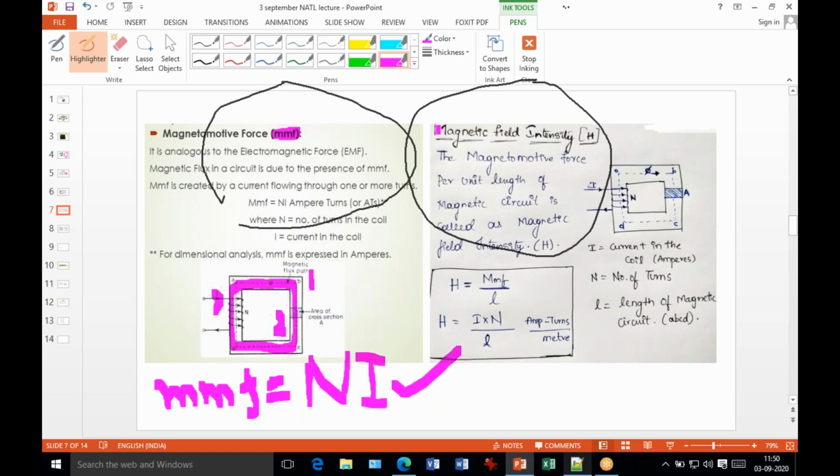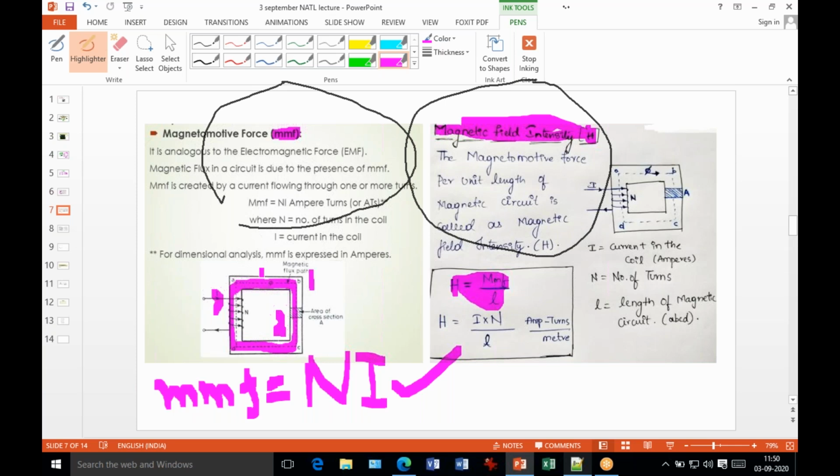Now the second term is the magnetic field intensity, denoted by capital H. The magnetic field intensity is related to the MMF. The formula is MMF divided by L. What is L? L is the length of the magnetic circuit.